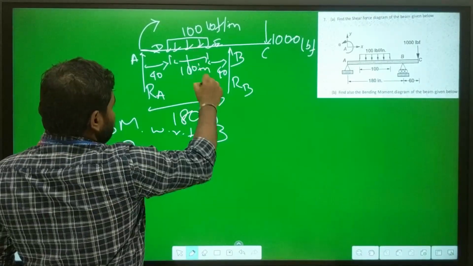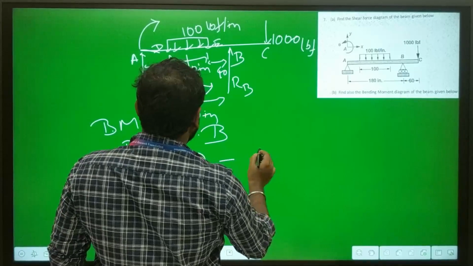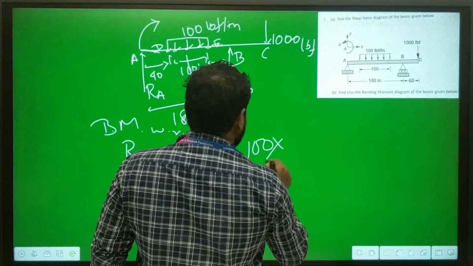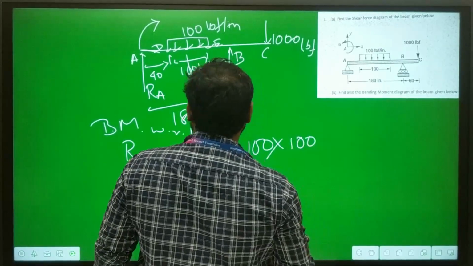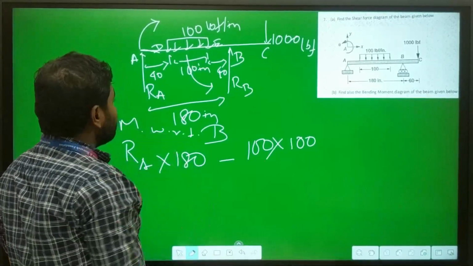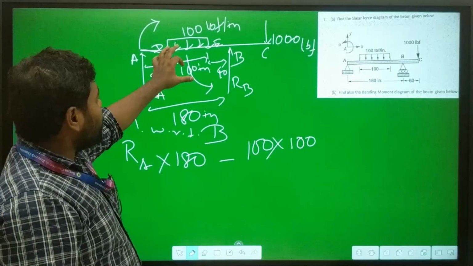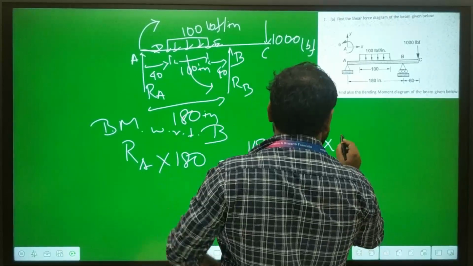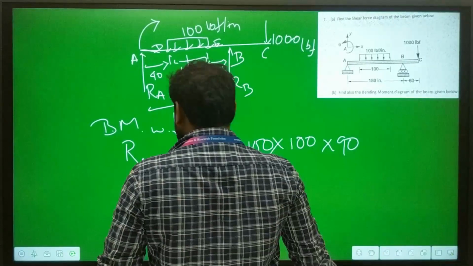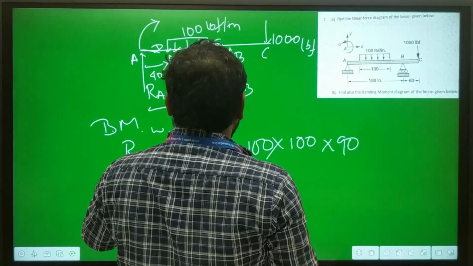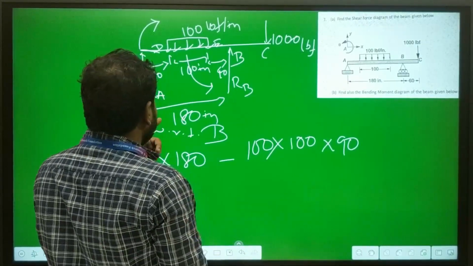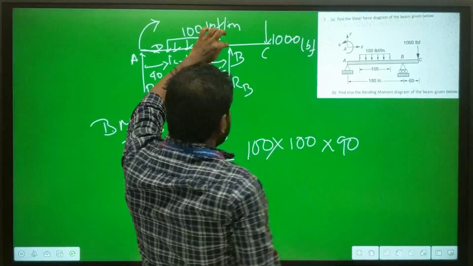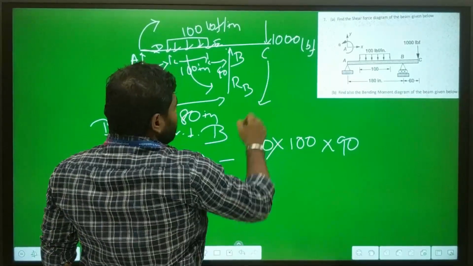The distributed load will act in counterclockwise direction, so minus 100 for a distance of 100 inch, which we can consider as a point load at the midpoint, so the distance will be 40 plus 50, that is 90. And the other load, with respect to this point, will move in clockwise direction.